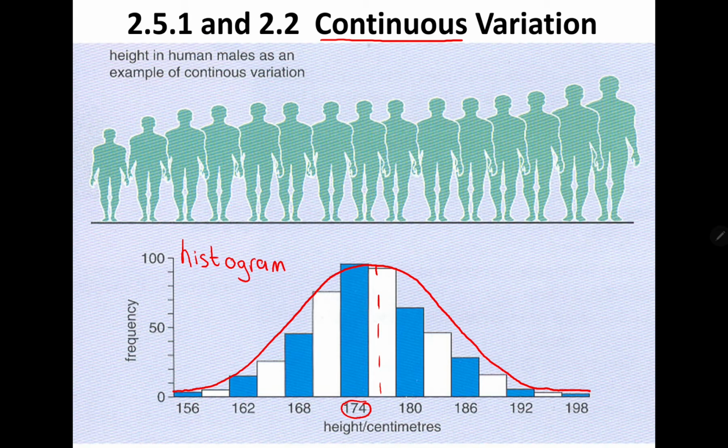We do have extreme cases, so some shorter people around this 156 centimeter mark, and some really tall people around this 198 centimeter mark. But the vast majority of people are going to be found towards the center of this graph, in this area here.